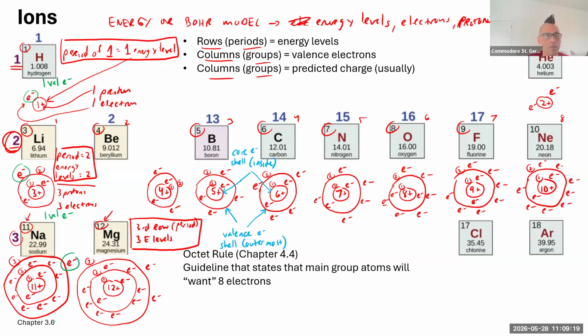Here for sodium, we have one valence electron. So everything in the first column has one valence electron. Let's look at the second column. All right, second column, two. There are two valence electrons.